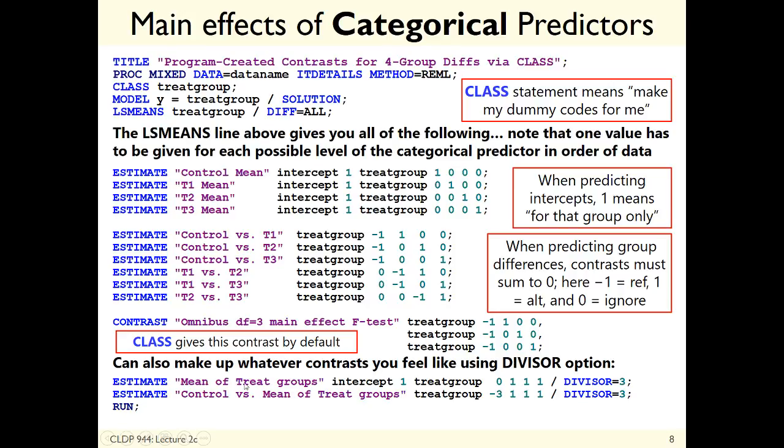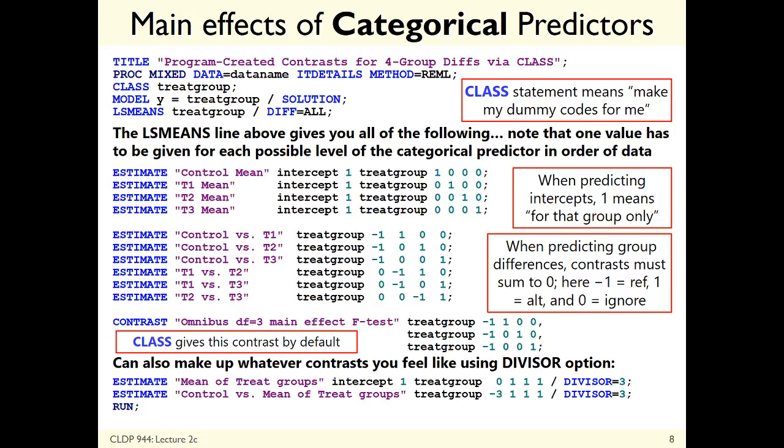So here are the 6 possible pairwise group differences. If you want to do something other than pairwise, for instance, if I want to know if control is different than treatment, period, lumping together all the treatment groups, the last line on the slide would give you that, where I give the control group a -3 because I have 3 groups being lumped together under treatment.